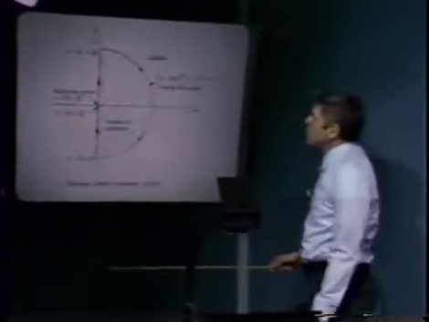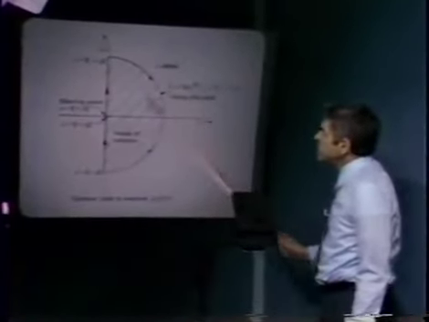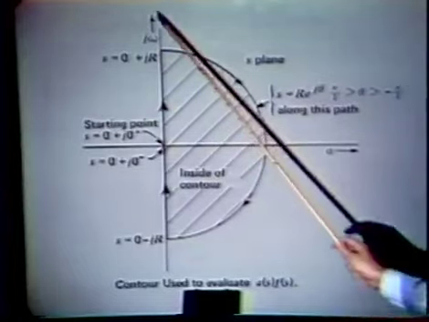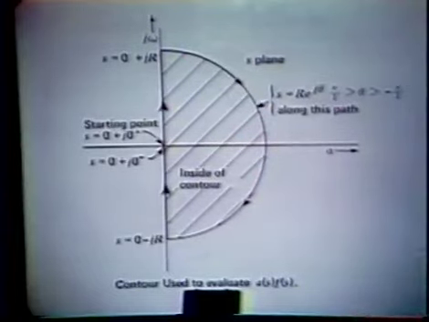Here we show the Nyquist construction. We again are looking in the S plane, our usual axes, the imaginary axis here, j omega, and the real axis. And we choose a contour for our Nyquist test that includes the entire region of interest.